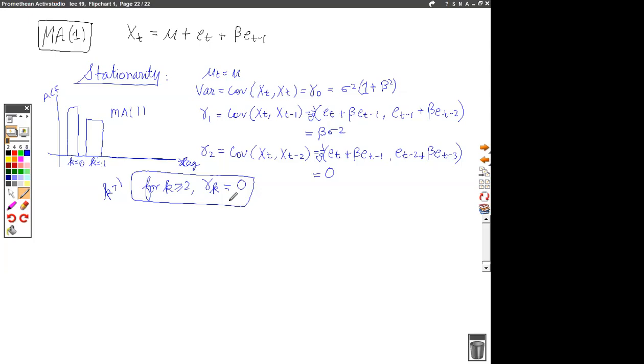That is why you never have to worry if your MA process is stationary or not. But there is something else that you have to worry about when dealing with the MA process, and I'll show that to you in a while.